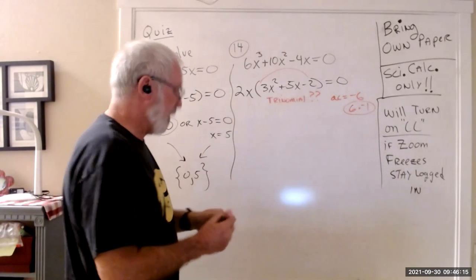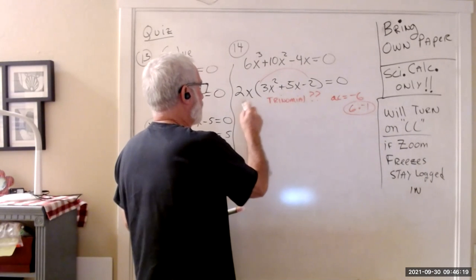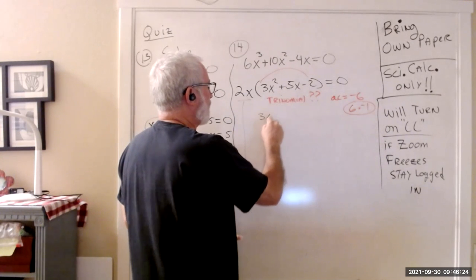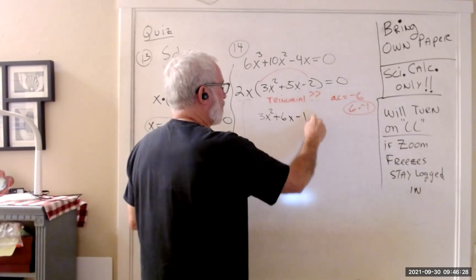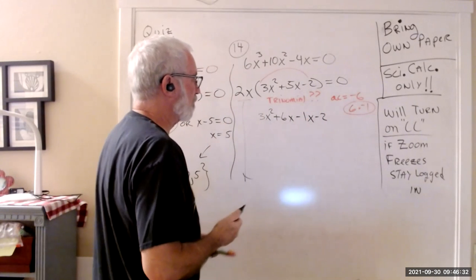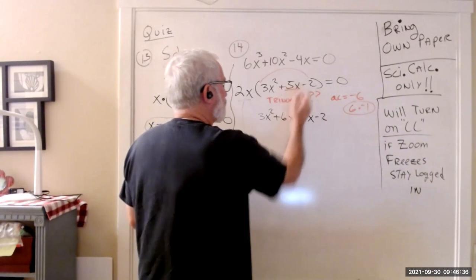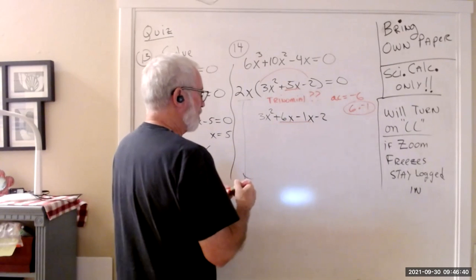Okay, that allows me then to, forget the 2x, we're just going to bring it down here. This becomes 3x squared plus 6x minus 1x minus 2. Okay, that's how we use that. So this is still 5x, but we've written it differently.